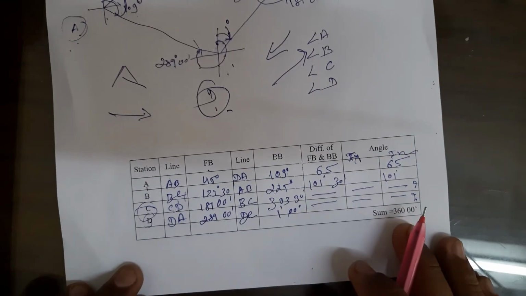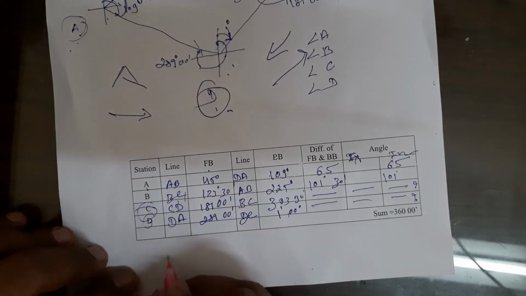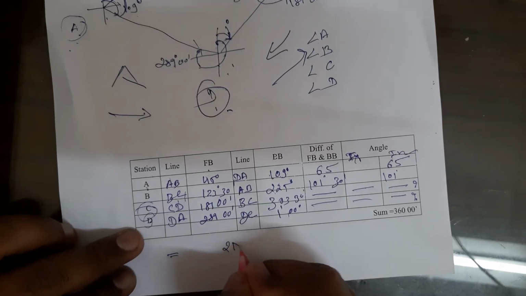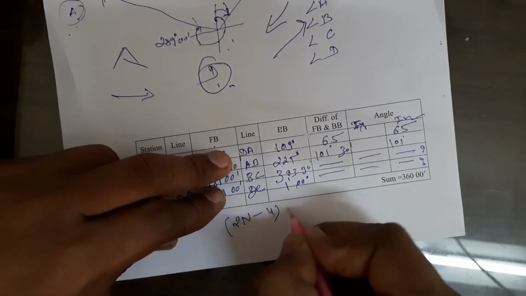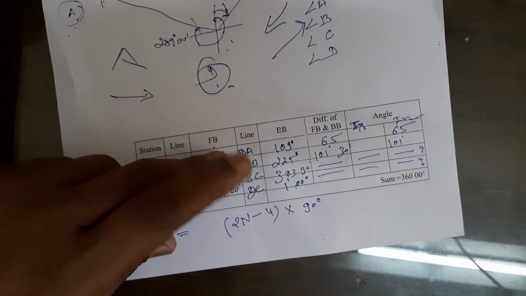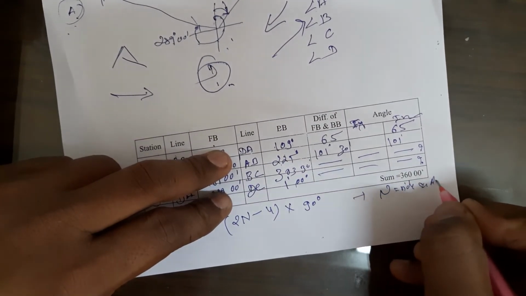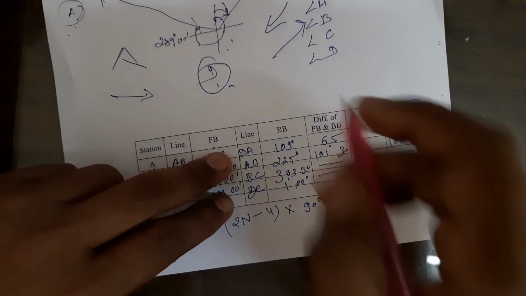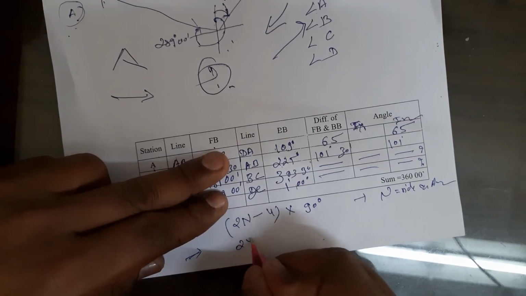For that there is one equation to check the total sum. Use the equation (2n minus 4) multiplied by 90 degree, where n is the number of sides or angles. Here we have 4 sides and 4 angles, so put n equal to 4.